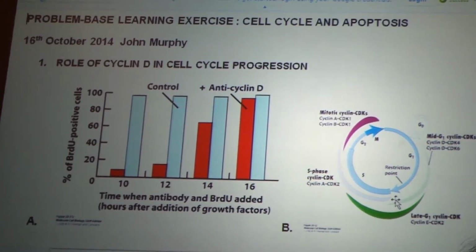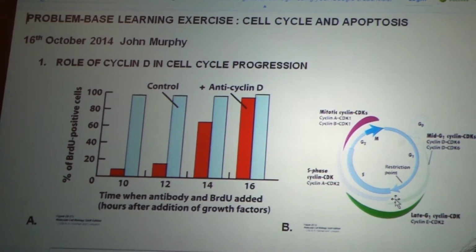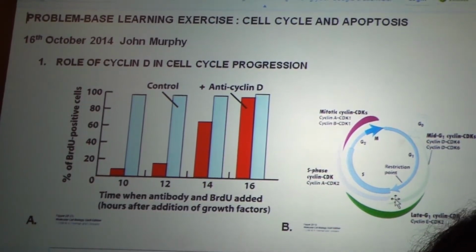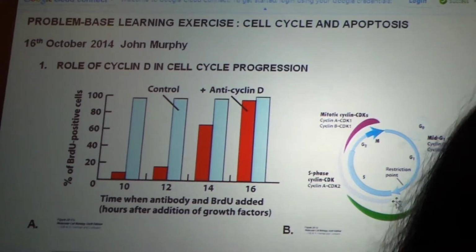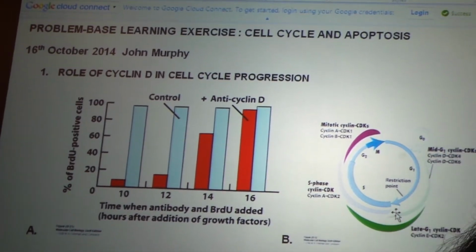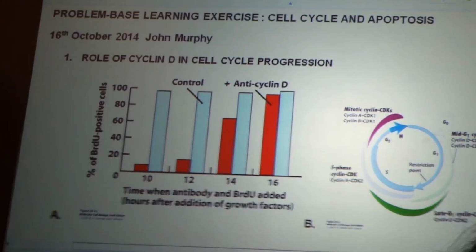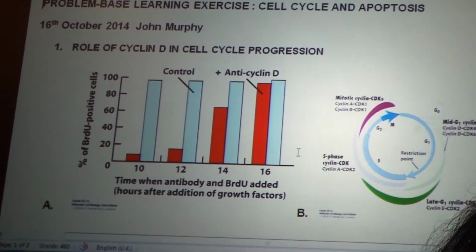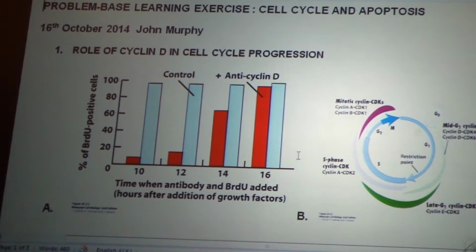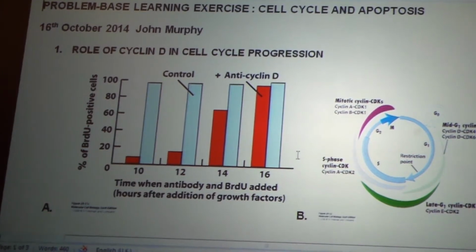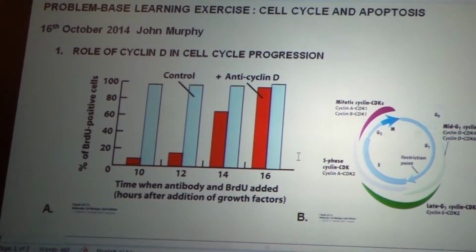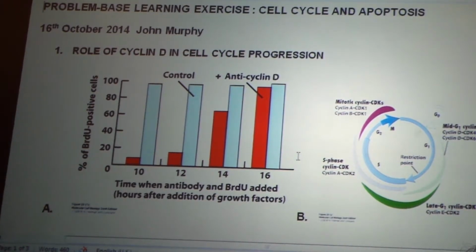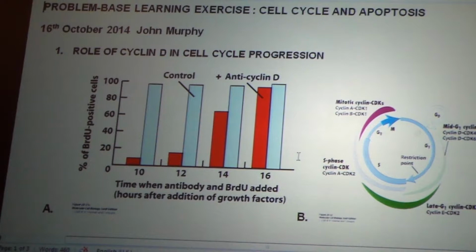But if you wait a bit longer, it doesn't matter if you add cyclin D antibody to the cells, because cyclin D is no longer working later in G1. It's a different cyclin that's taken over to push the cells further through the cell cycle. Does everybody understand that? It's quite a difficult one. It does indicate a very important point, which is that different cyclins work in different stages of the cell cycle.